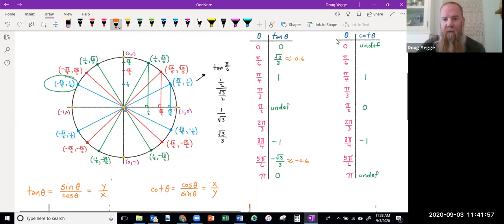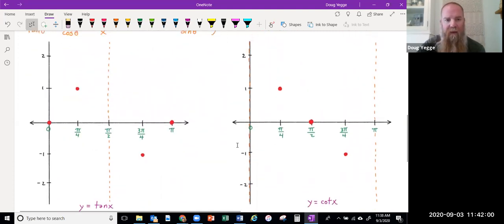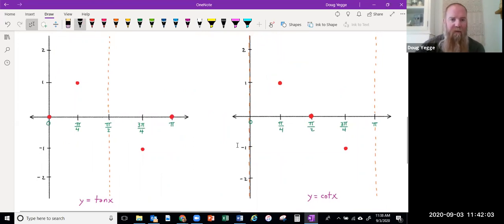So if we plot those down on our graph, then that would imply that at the angle of approximately pi over 6, which you should realize is about a third of the way down here, I'm plotting my value of approximately 0.6, a little over halfway. And if I plot 5 pi over 6, which is a little bit greater than 3 pi over 4, approximately right here, that's going to give me a y value of negative 0.6, so a little more than halfway down there.